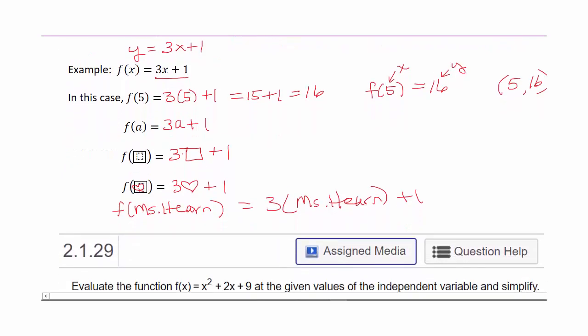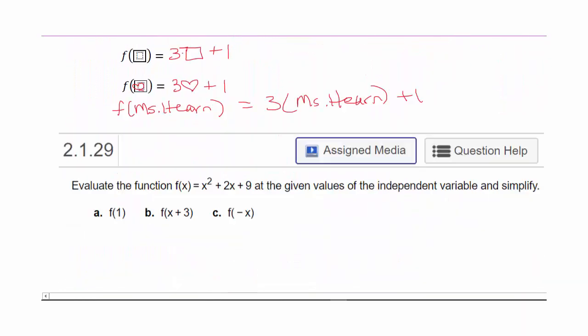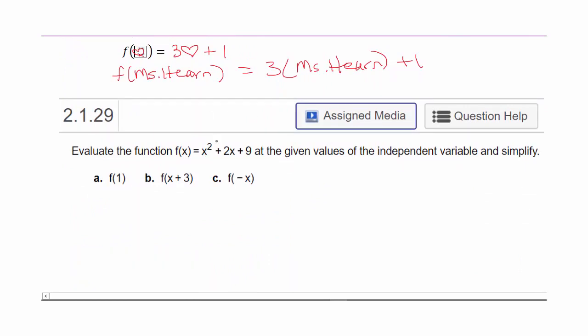All right, so the type of question you're going to see in our class in my math lab would be like f of x equals x squared plus 2x plus 9. That they're telling you is a function. That's why they're using function notation. And at the given values, we're supposed to evaluate that function at the given values of the independent variable.